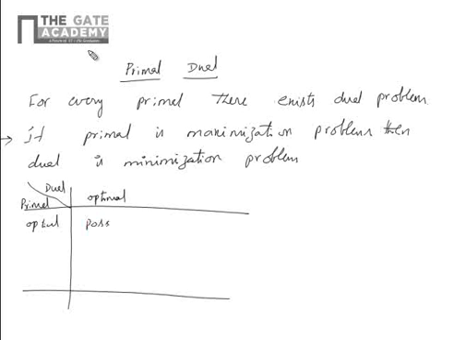Infeasible never, unbounded never. If the dual is optimal, then the primal is also optimal.